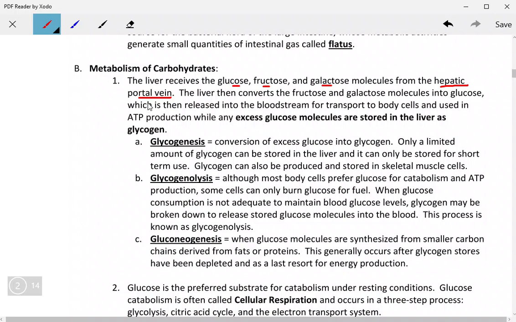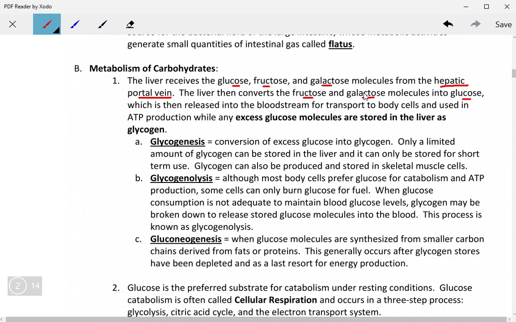So once the liver gets these monosaccharides, it will convert fructose and galactose into glucose. You're probably going, why is that, Miss Ogaga? Well, the cells prefer to use glucose compared to fructose and galactose.